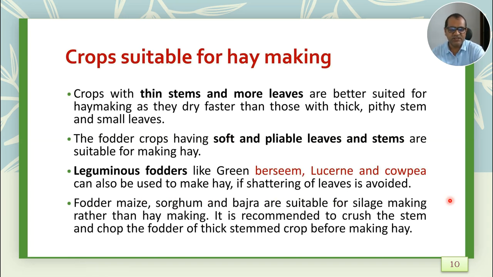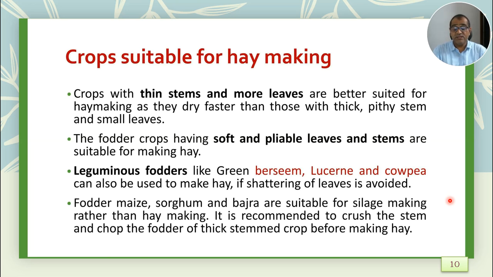Then, if shattering of the leaf is avoided. For example, fodder maize, number one, maize is always the king of hay or silage, whatever it may be. Sorghum and bajra are suitable for silage making rather than hay making because they contain very succulent fodder, the stem, etc. Then they can become very good silage sources.